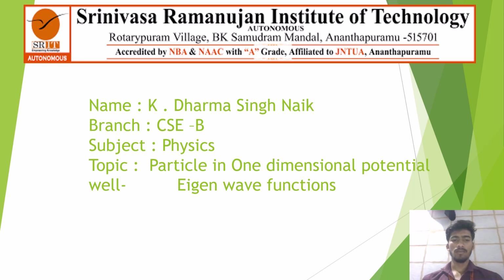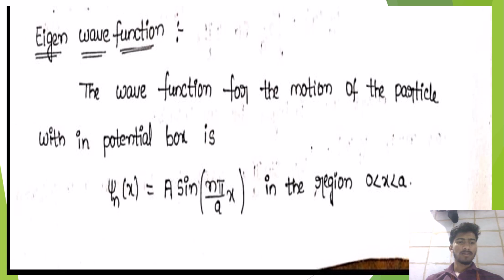Today my topic is particle in one-dimensional potential well eigenvalue functions in physics. The definition of particle in one-dimensional potential is a fundamental quantum system where a particle of mass m moves along a single spatial dimension under the influence of a potential energy function.